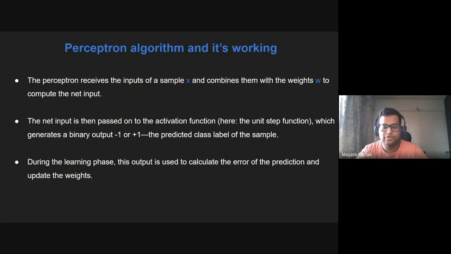Here it's a unit step function, so the binary output will be +1 or -1, and this is called the learning phase. The error is calculated and updated into the weights, so that in the next iteration the weights are updated and we get closer to the predicted value.